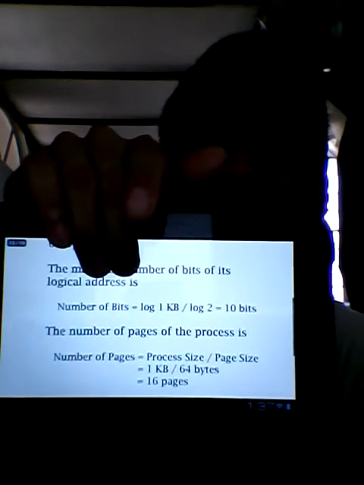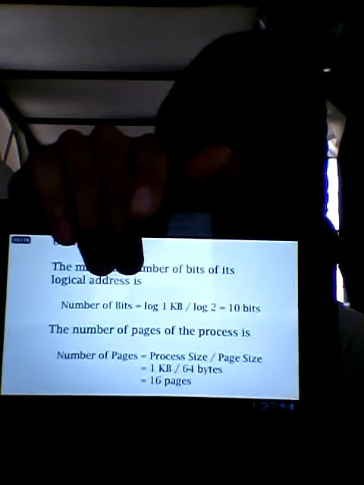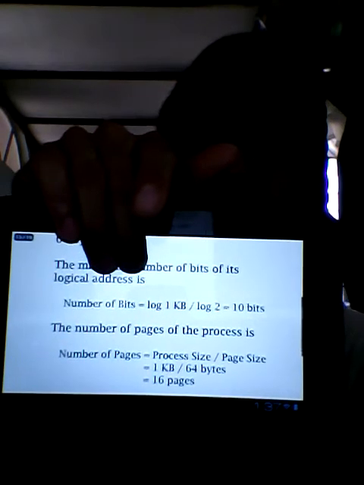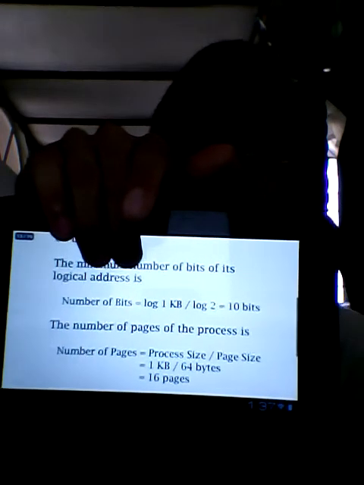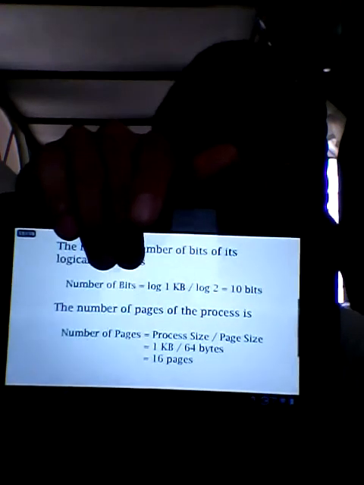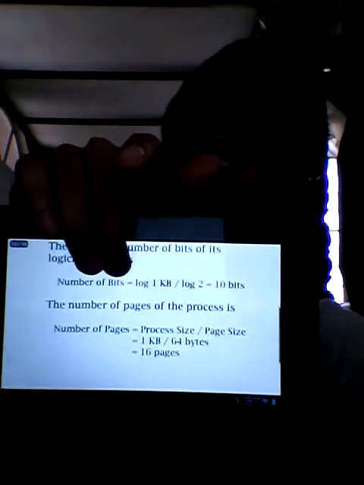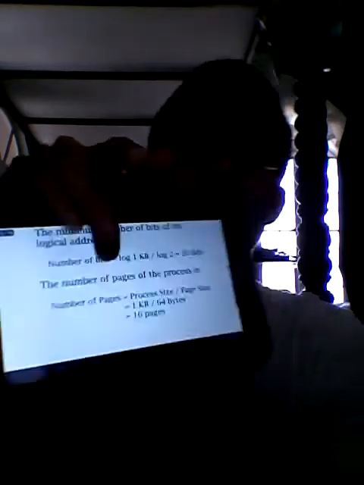The number of pages of the process is the process size divided by the page size, so 1 KB over 64 bytes equals 16 pages.